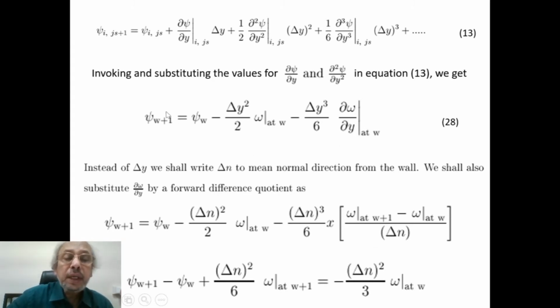So we now generalize this equation 28 by this consideration that delta y we convert into delta n, because if the solid surface is horizontal, delta y is the near wall point in the normal direction.